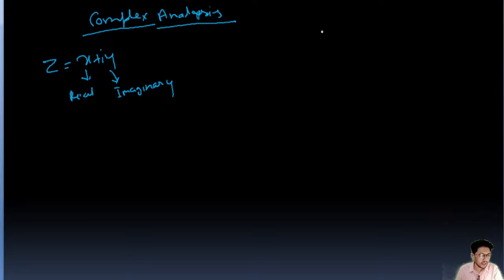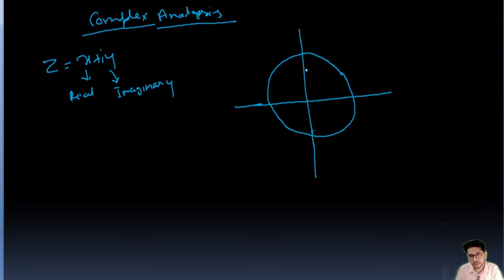Okay, and I'll draw the diagram as well. This is a circle. This is the x-axis, that is the real axis, and this is the y-axis, that is the imaginary axis.